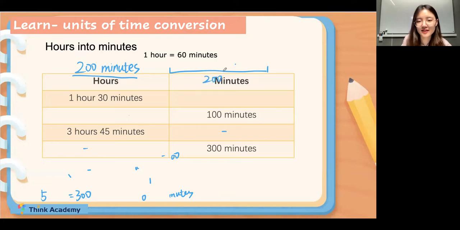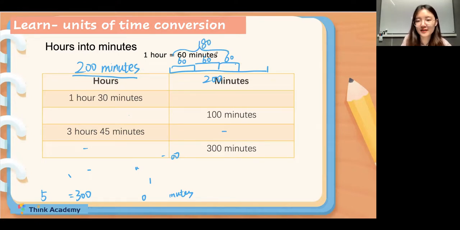And let's write here 200. And for 120 and another 60, there will be 2 lots of 60, right? And then we can consider, can we have another 60 here? Yes, we can, because 3 lots of 60 will be 180, right?